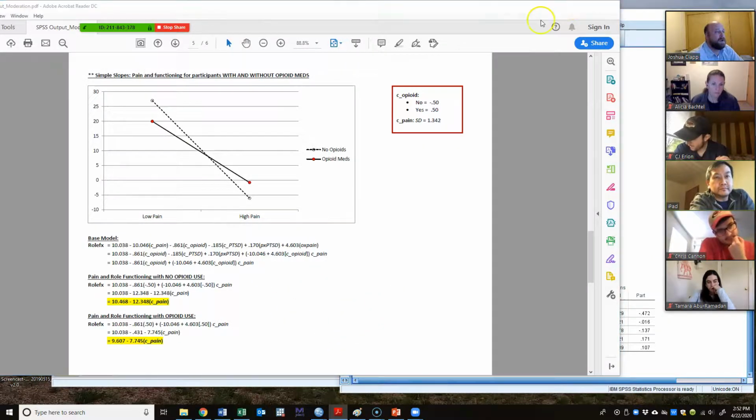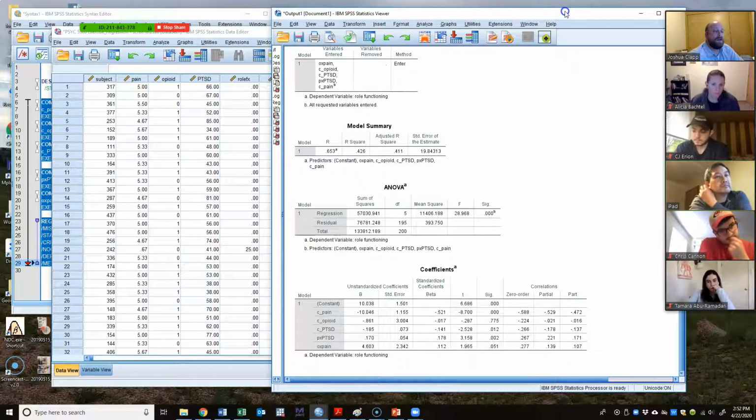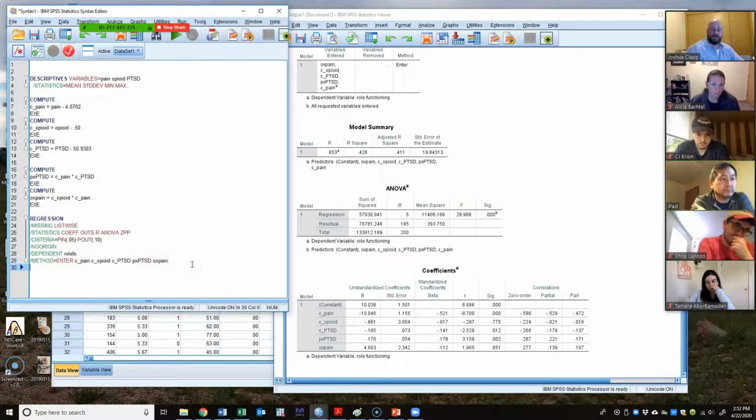Okay. So what I want to do is get a look at the conditional effect of pain on role functioning for people who aren't using opiates and for people who are using opiates.